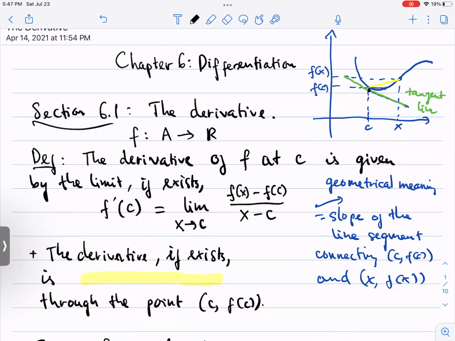What is the meaning of the limit then? Remember, the derivative is the limit of the expression. So imagine that you let x get closer and closer to c. Then the line segment here gets closer and closer in angle to the tangent line through the point c.